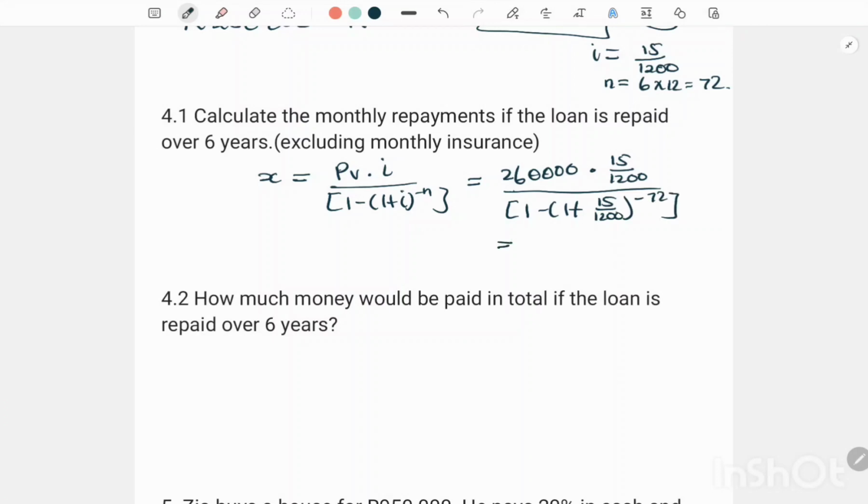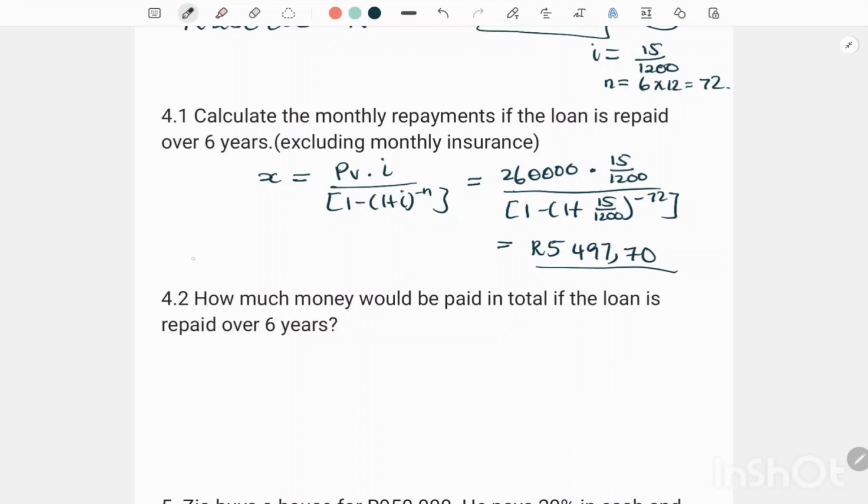Then I got the answer of 5,497.70. This is what he pays per month for 6 years for this car, excluding the insurance.